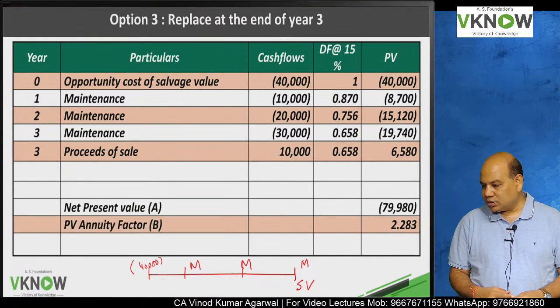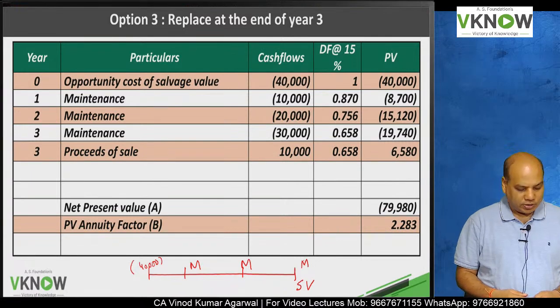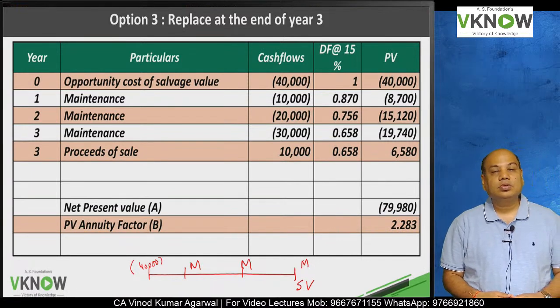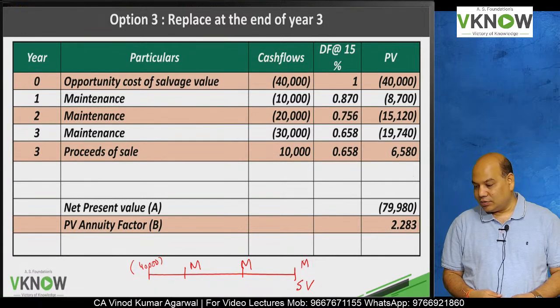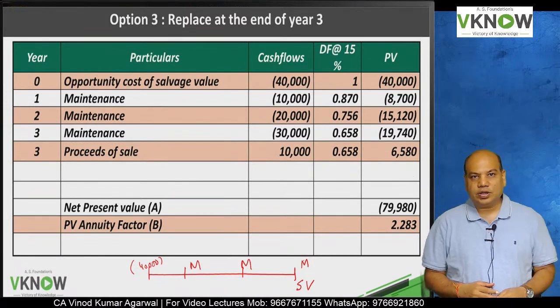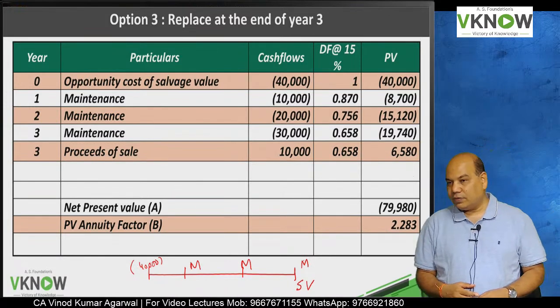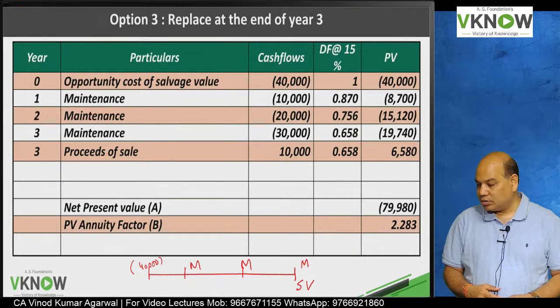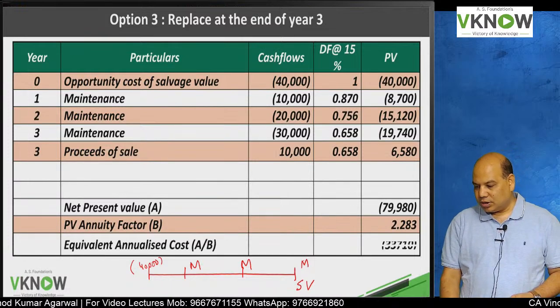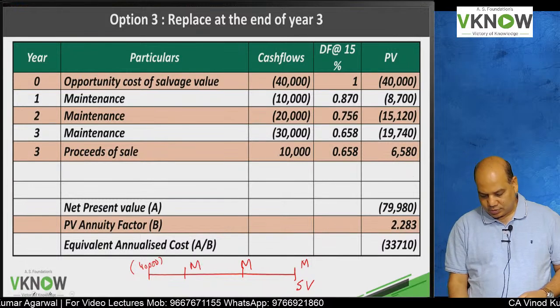Now please take the total. So NPV is 79,980. Please check. Write down PV annuity factor for 3 years, 2.283. Equivalent annualized cost.